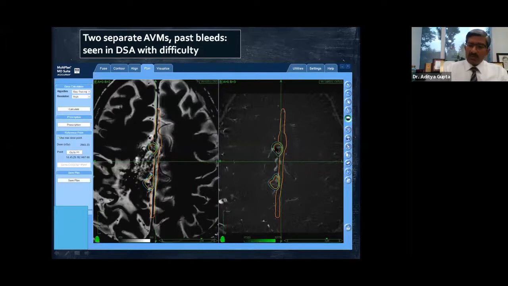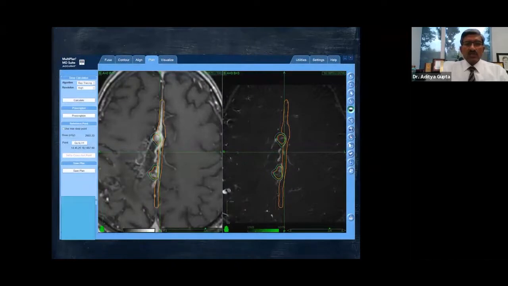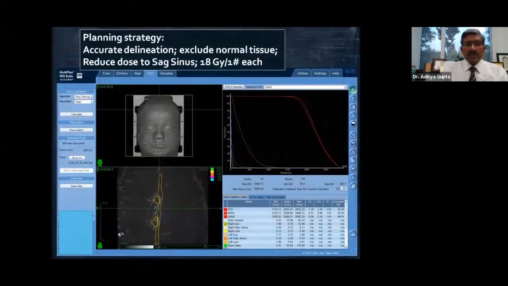And I distinctly remember that even using the DSA images, we were not very happy with the contours we were getting. So this is the final contour of the AVM, which we treated at 18 grays in a single dose to both the AVMs. And basically we landed up with a very, very steep fall-off plan, excluding normal tissue.